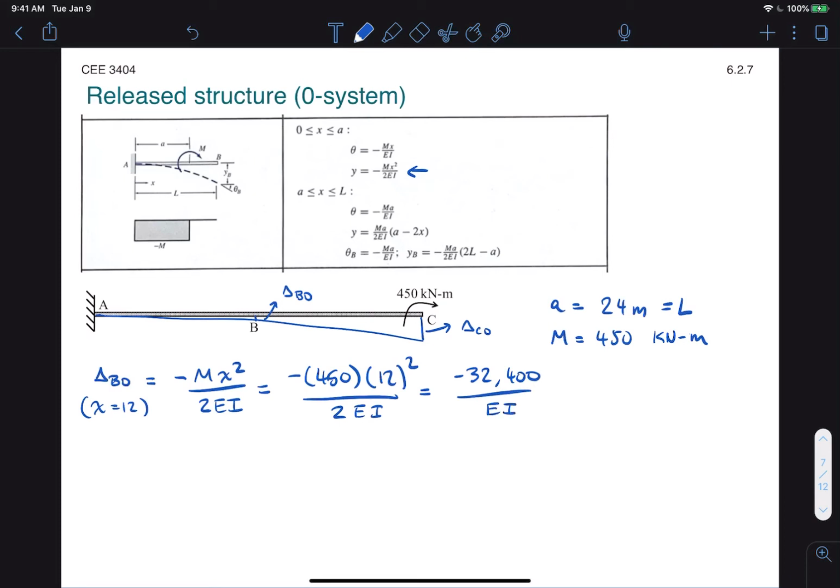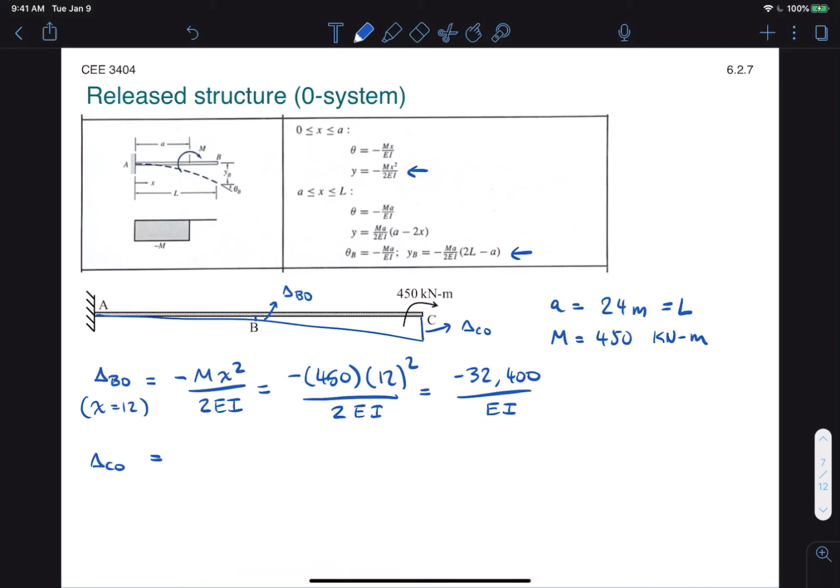Similarly for delta C0, we can use that equation with x equal to 24, or we can use the equation for YB, plugging in A equal to 24. Either one will give us the same result.